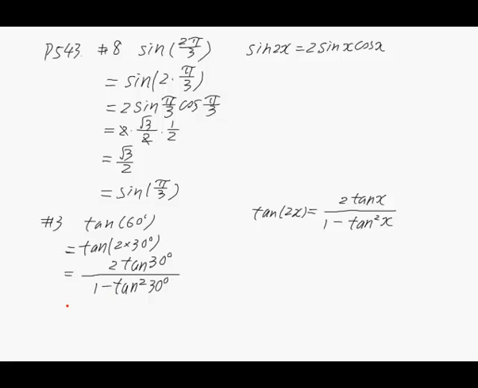And we know tangent 30 degrees equal to what? Root of 3 over 3, right? Tangent 30 degrees is equal to root of 3 over 3. So the denominator is 1 minus the square of root of 3 over 3.